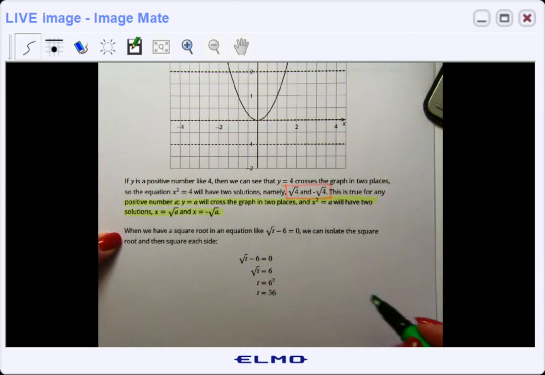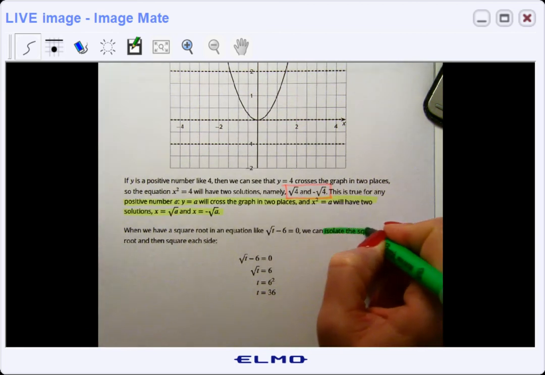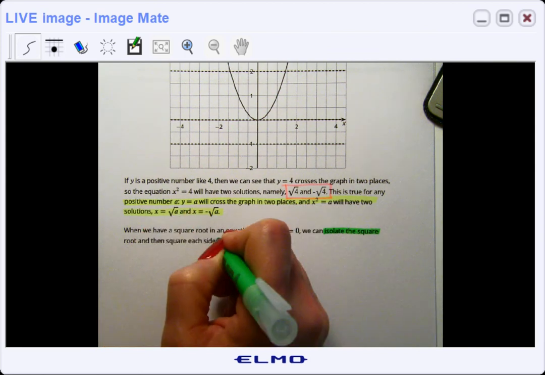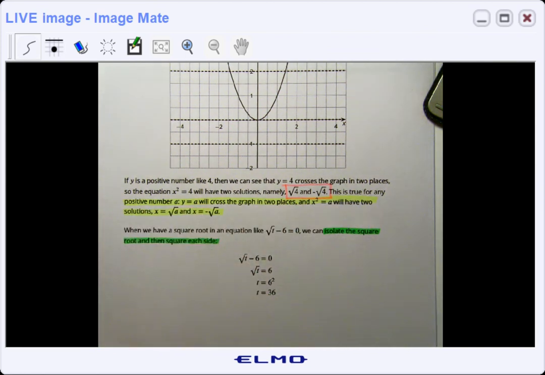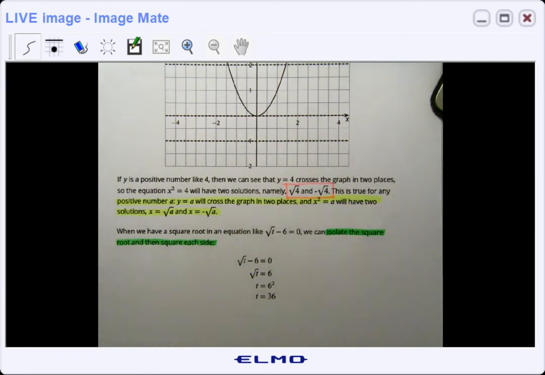So when we have a square root equation like this, we can isolate the square root and then square each side. That's the strategy I told you didn't have to take notes on because it was going to be in the lesson summary. And there it is, right there. Okay, so we look at this example, and I'm just going to state off to the side what happened from each step to the next. To get from here to here was adding 6 to both sides.